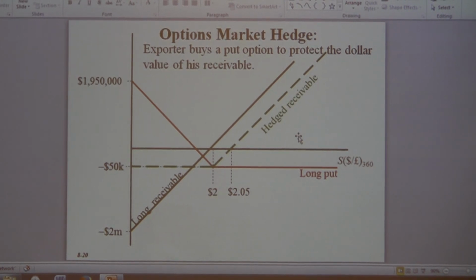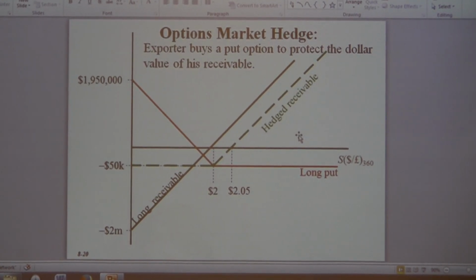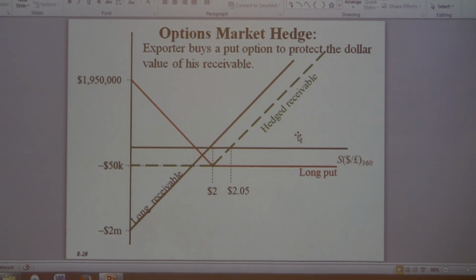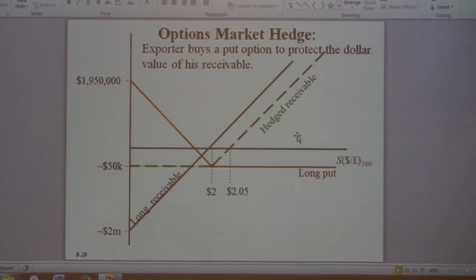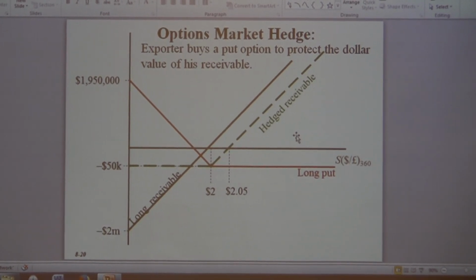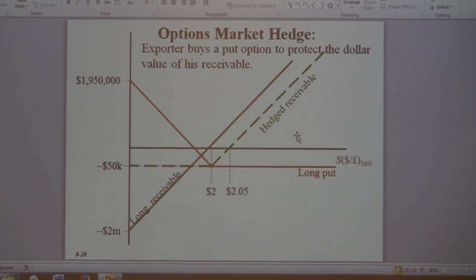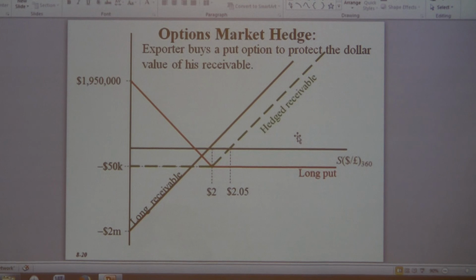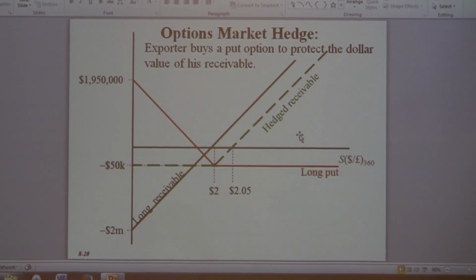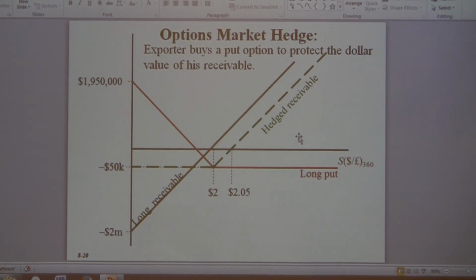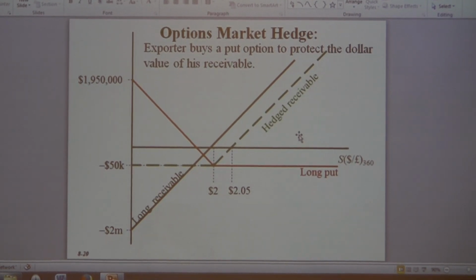Here, if you are an exporter, the exporter sells the foreign currency in the spot market, and you can also look at the profit or loss in the options market.